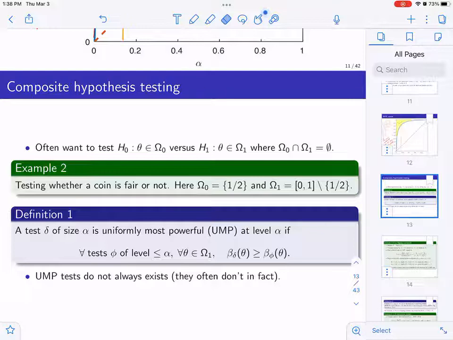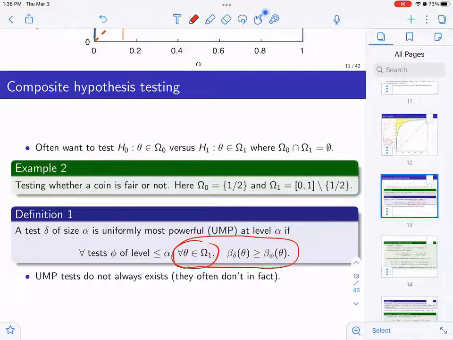The uniformity here is that this expression holds for all theta. So if omega 1 just contained a single parameter, this would be similar to the most powerful idea, sort of. But we want it to hold for every theta.